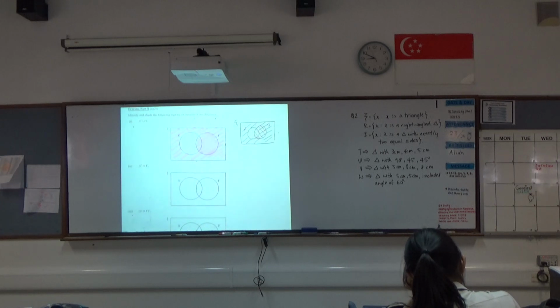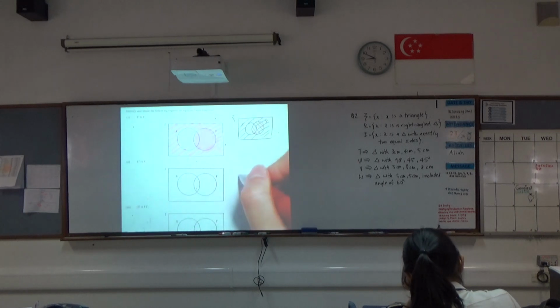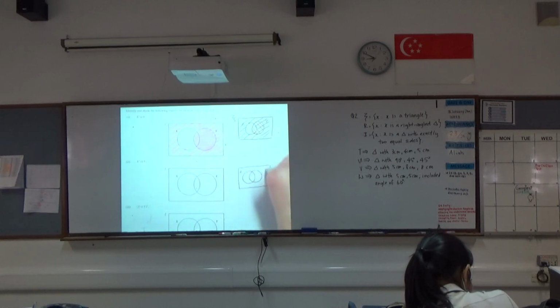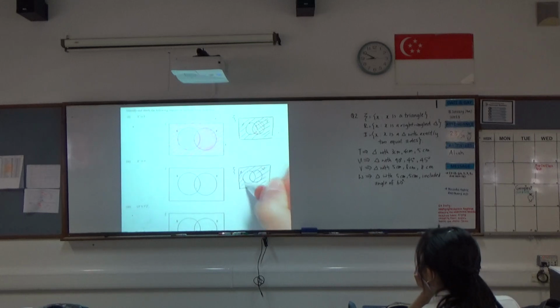Next, in part 2, we want x complement intersect y. So, drawing the diagram again as a sketch, x complement refers to the one outside of x. And intersecting with y.